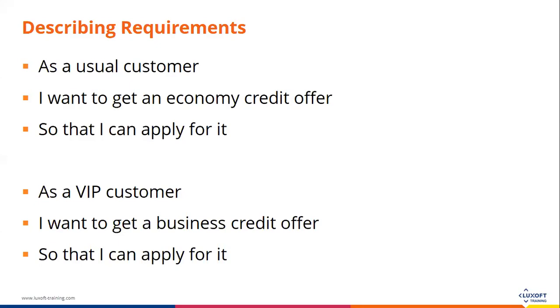Say here that as a usual customer, I want to get an economy credit offer so that I can apply for it. This is the terminology: as a, I want to, so that. And we have here the clear description of the functionality of the application. And a second description of the requirement. As a VIP customer, I want to get a business credit offer so that I can apply for it. This is another scenario, but the mechanisms are the same.